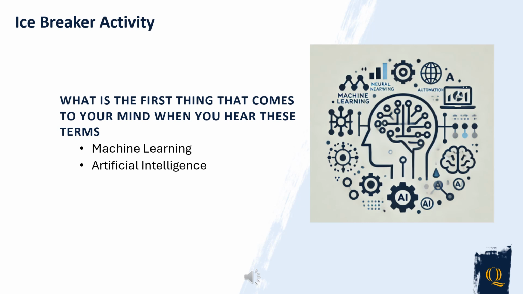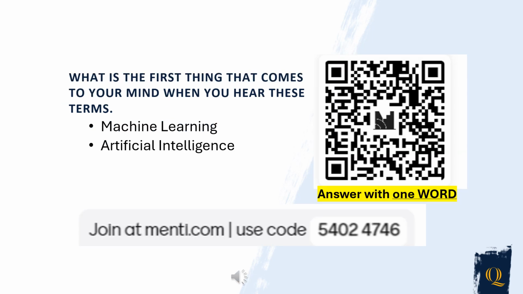Pause for a second and think about that. This is an optional slide, but it doesn't hurt to engage in this activity. I still have the question and the QR code if you'd like to do that. And then if you scan it or you want to go online and answer with one word.